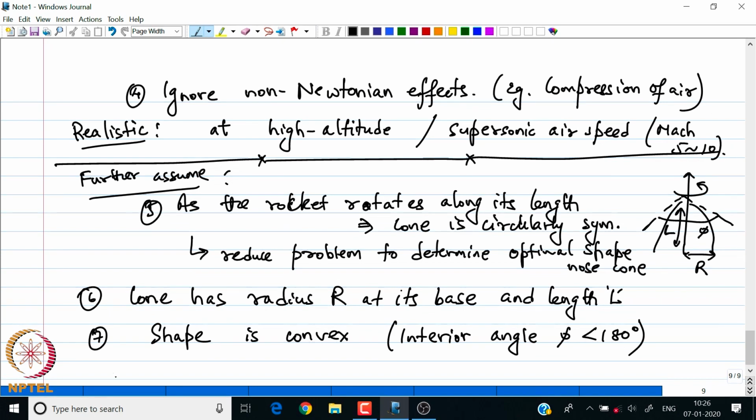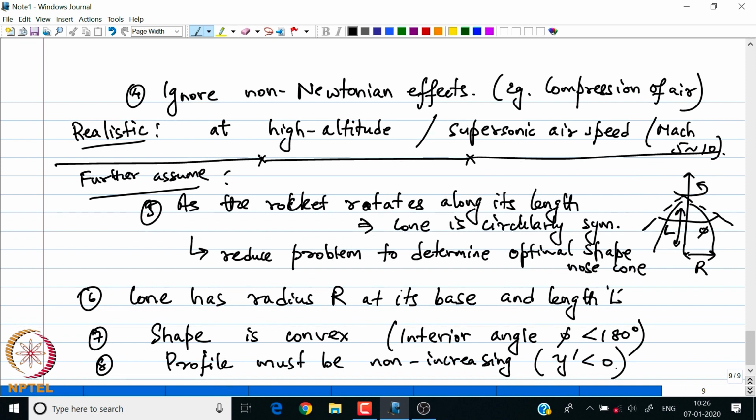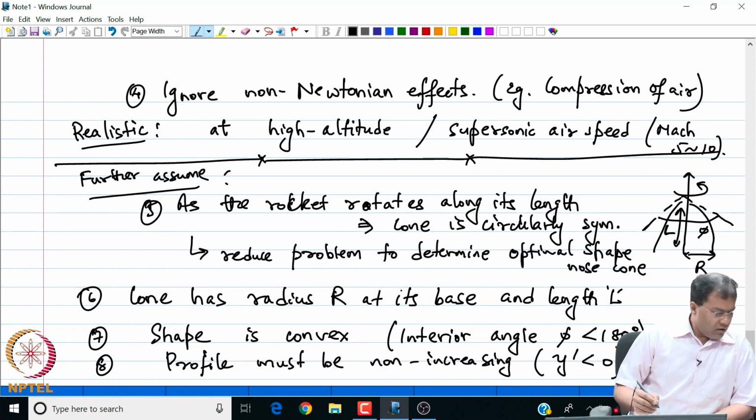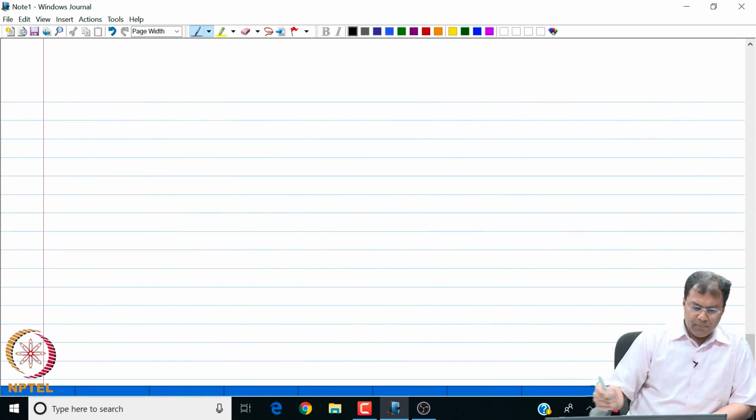And finally, the profile of the cone must be non-increasing. What I mean to say is that the slope of the shape is negative, and that follows from the assumption that the shape is convex. With this I am ready to set up the problem.